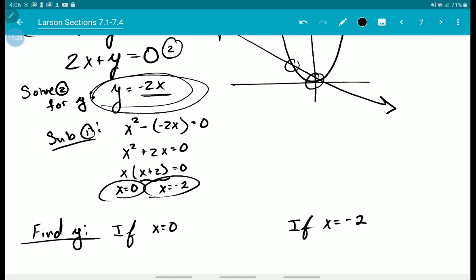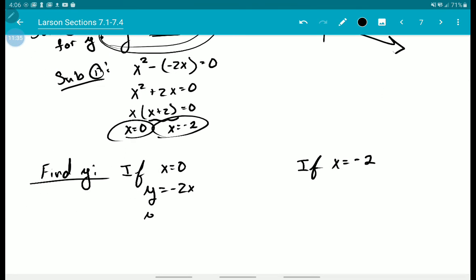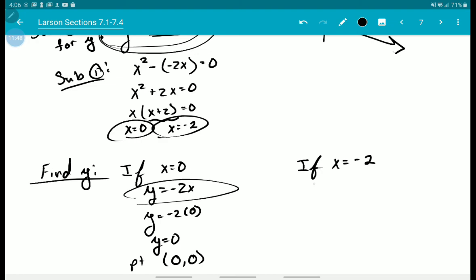And let's use this guy. So we know y is equal to negative 2x. If we substitute in 0, we're going to get y is equal to 0, so our point is the point 0, 0. If we substitute negative 2 in, we have y equals negative 2 times negative 2, that is 4. So our point is x equals negative 2 and y is equal to 4.